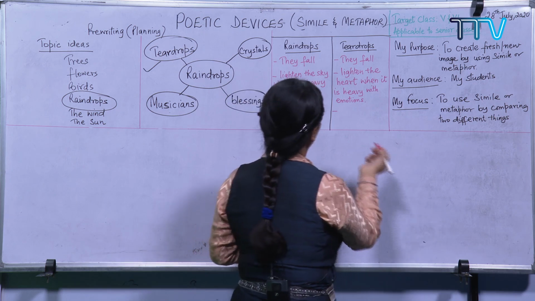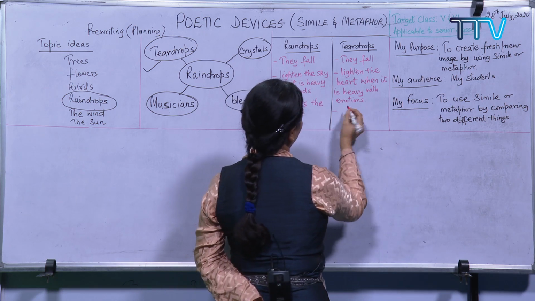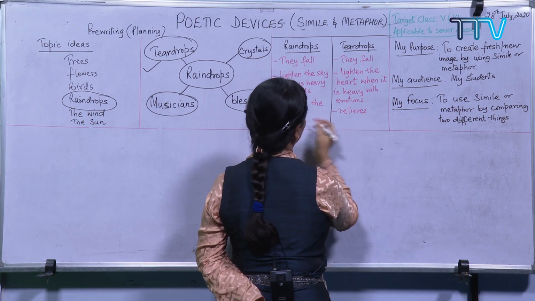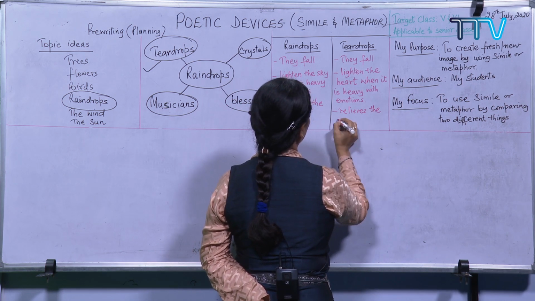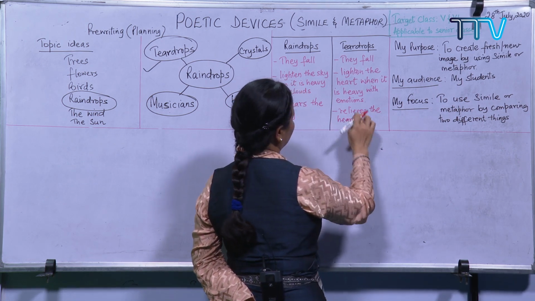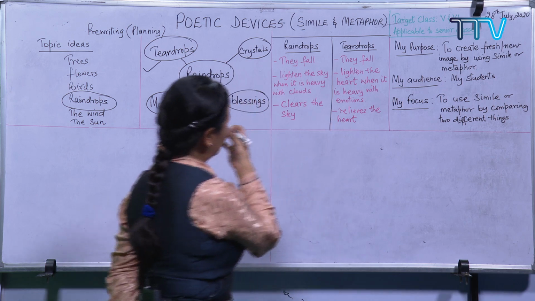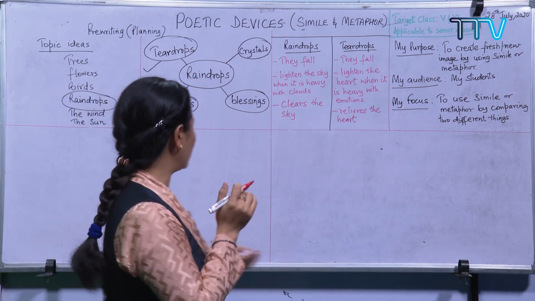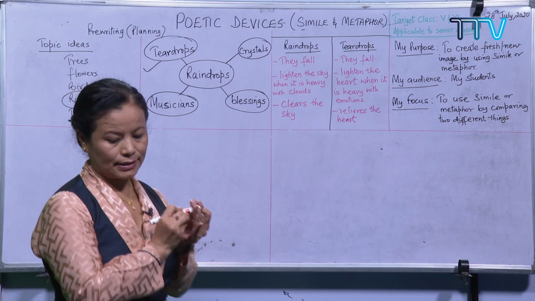Or you can say makes the heart lighter. Relieves the heart of whatever your emotion or joy. I think that would be fine if we are just going to write a very short poem. That would do.